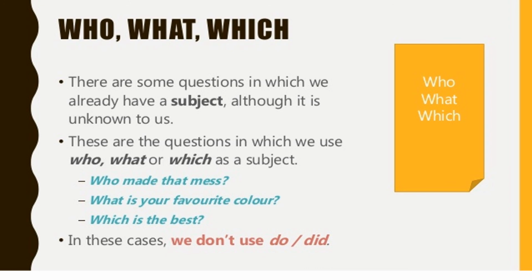You ask yourself in your room, who made that mess? Maybe your sister, young brother. What is your favorite color? If you like any color, you can answer, what's your favorite color. Which is the best, this or that? In these cases, we don't use do or did. We answer with information like this.